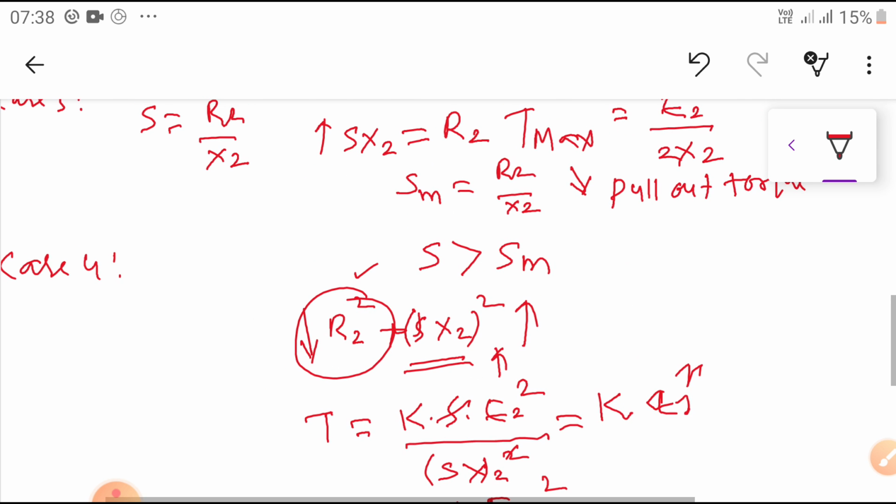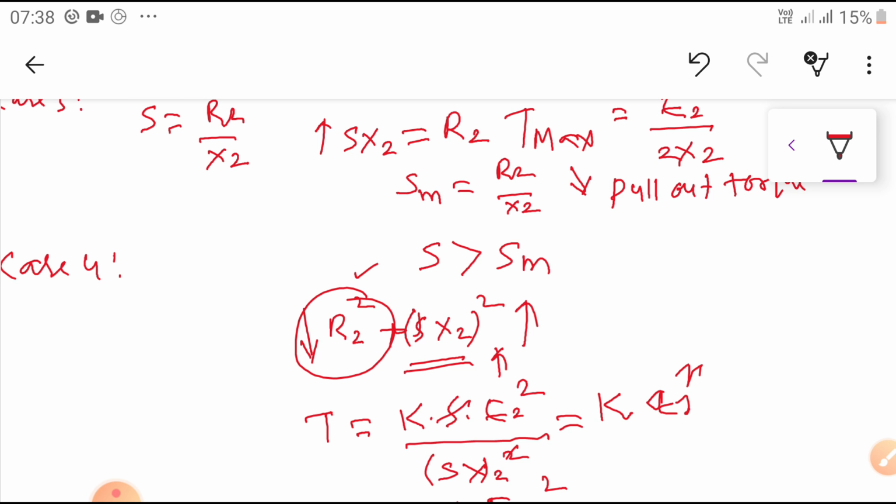Okay, so what happens? When the slip is further increased beyond S equal to Sm, the term R2 whole square is very small as compared to Sx2 whole square, and this value may be neglected. R2 value is neglected.